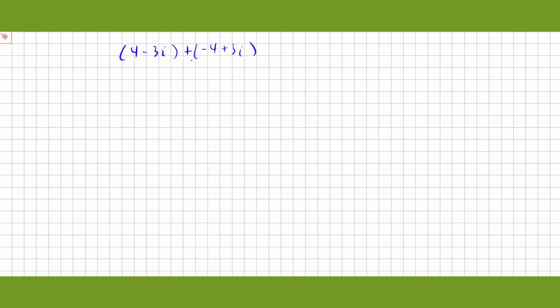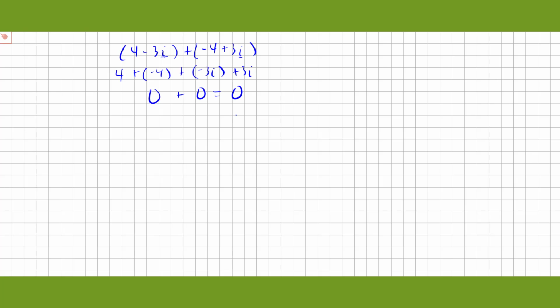I'm going to treat them as if they were the same variable, like we used to work with variables. I'm going to combine these two together just so we have our work. So we got 4 plus negative 4, plus negative 3i plus 3i. So basically I have 0 plus 0 equals 0.